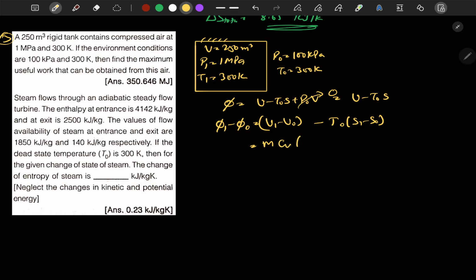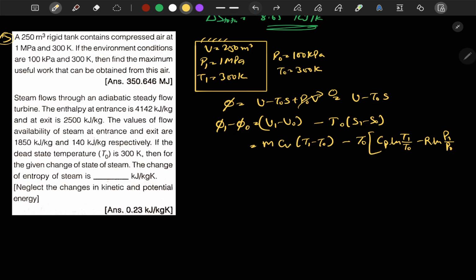When we write the equations, we can write it as MCV (T1 minus T naught) minus T naught times (S1 minus S2). We can write it in terms of Cp ln T1 by T naught minus R ln P1 by P naught.